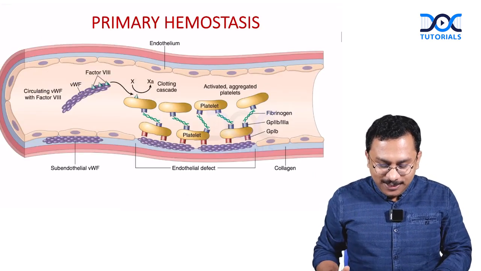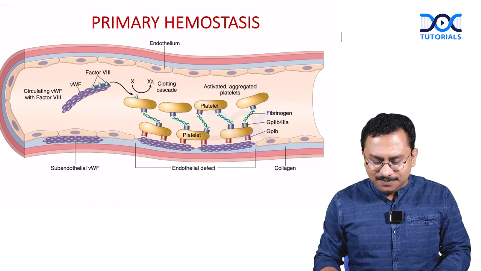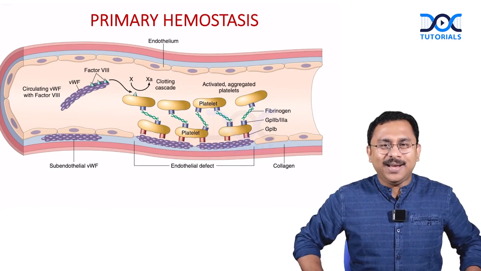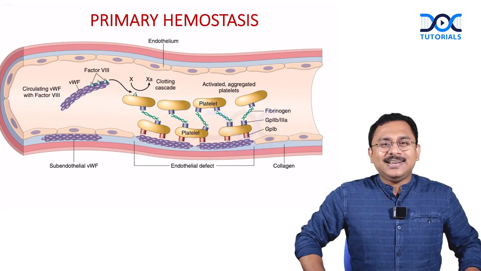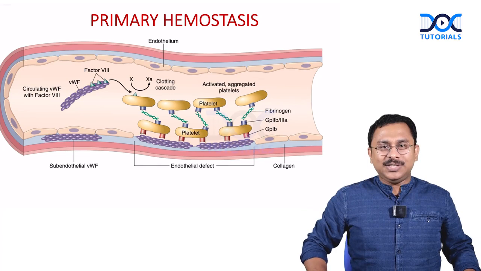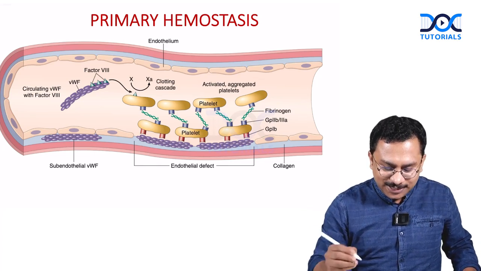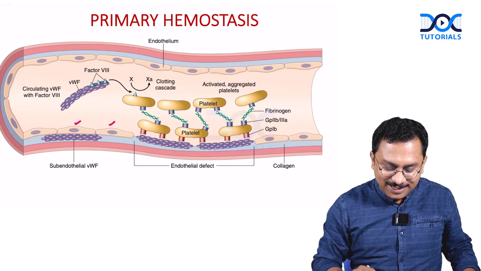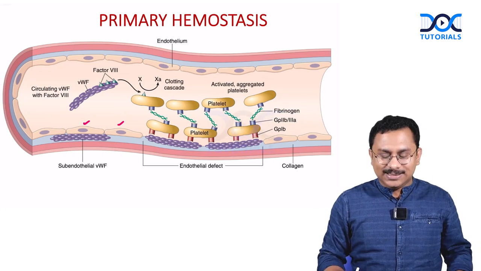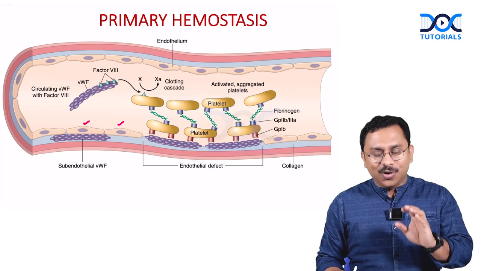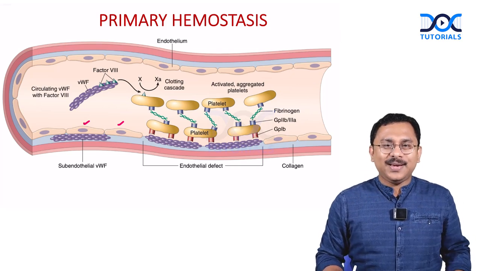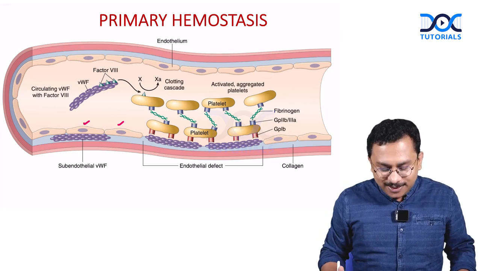Now let's move forward and discuss in brief what primary hemostasis actually is. Just have a look at this picture. You can see intact vascular endothelium. Now I just want you to have a look at the von Willebrand factor. Where is the von Willebrand factor located?